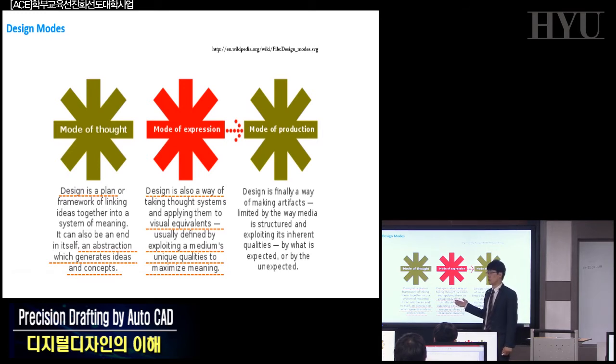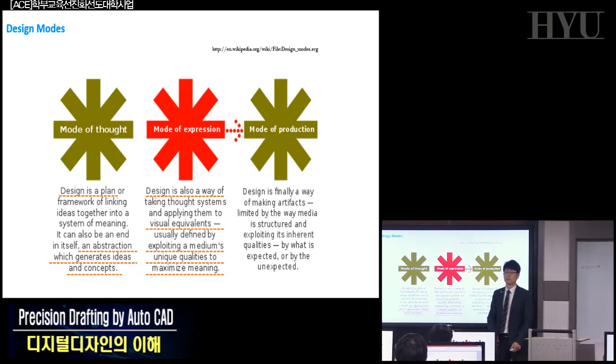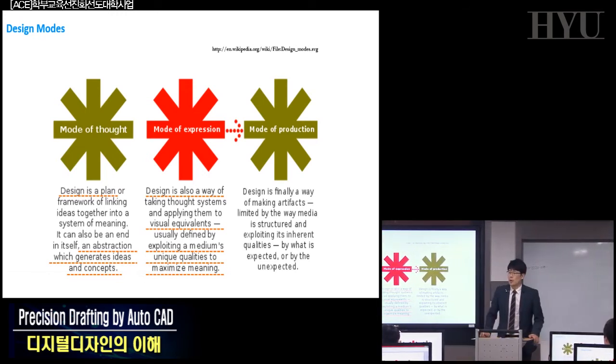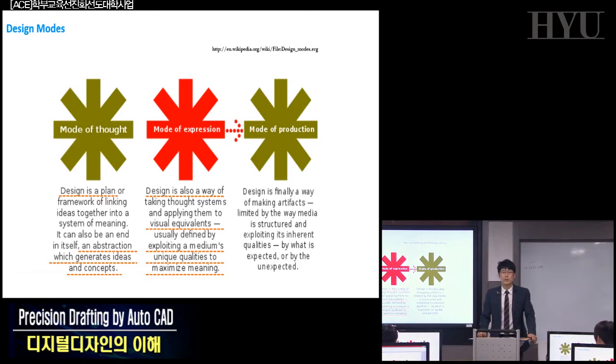SketchUp's unique quality is, simply said, ease of use, okay? You can push-pull, you can easily make some 3D object, intuitively create 3D objects without any specific problems. What is the unique quality of AutoCAD? Precision drawing, precision drafting, okay?